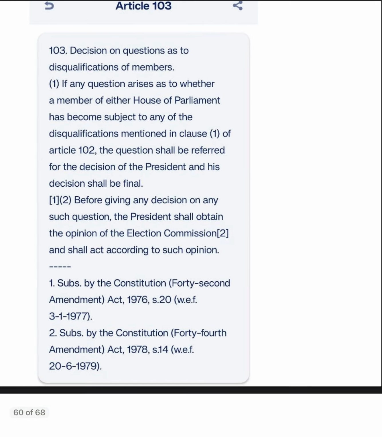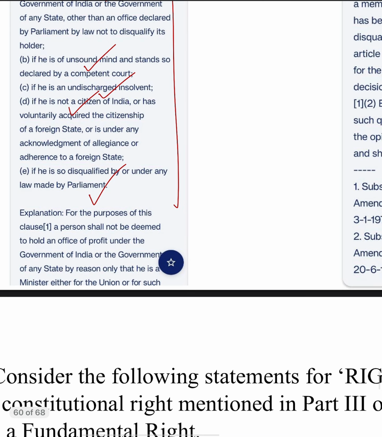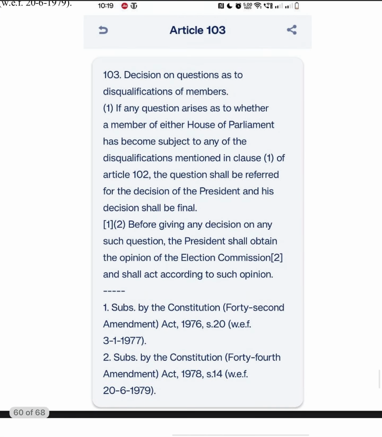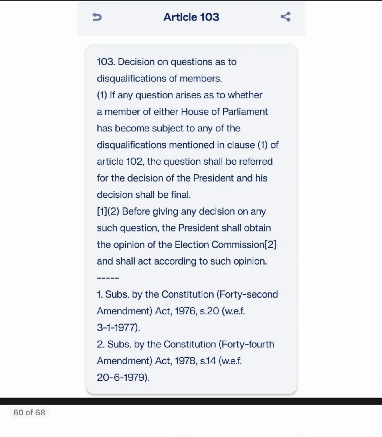The 103 says, if any question arises as to whether a member of either house of the parliament is subject to disqualification mentioned in 102, read this.